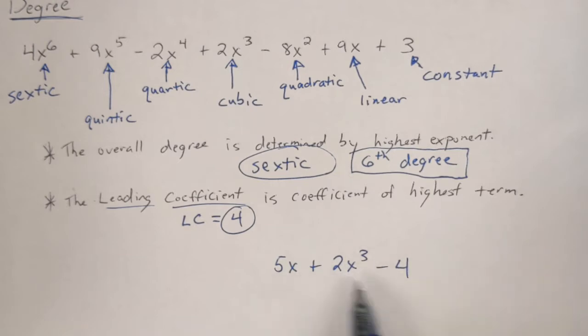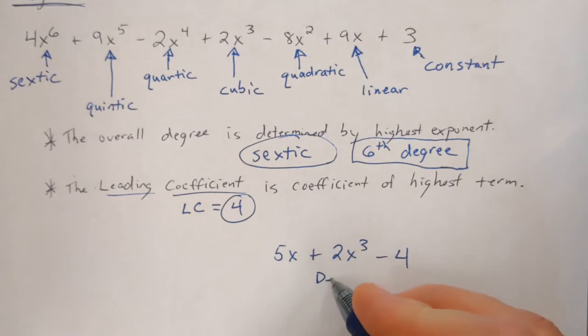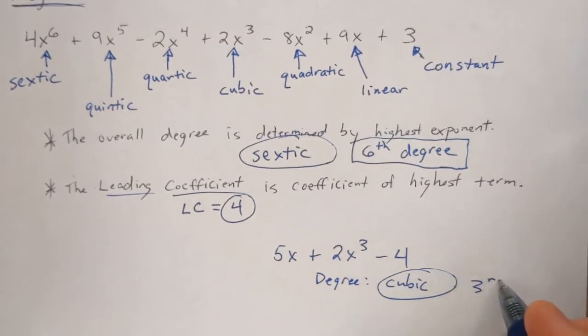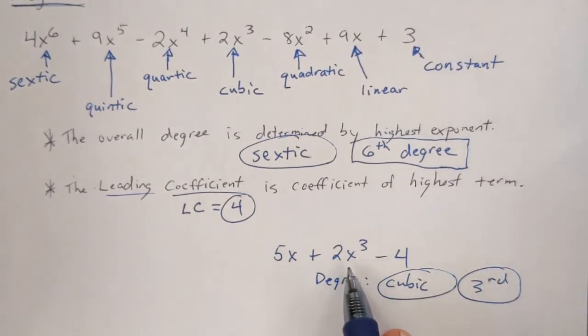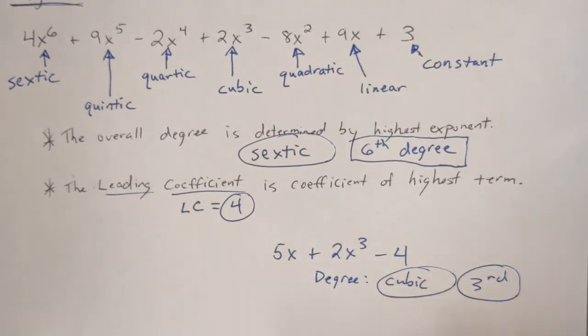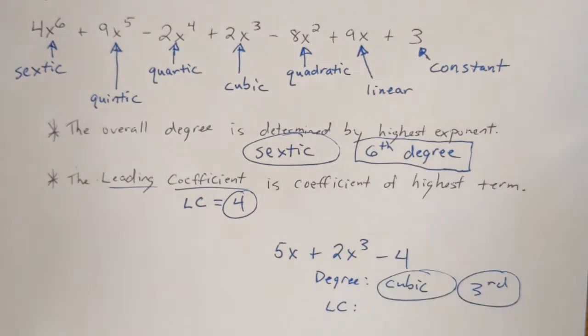So for the degree of this particular problem, you would say that it's cubic, or third degree. Even though this isn't the leading term, the 5x is at the beginning, it's still the highest term. So we'd say this is third degree because it has an x to the third. And then likewise, the leading coefficient would not be the 5, the leading coefficient would actually be the 2.